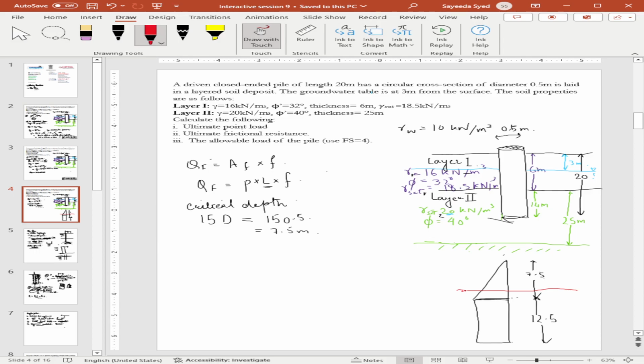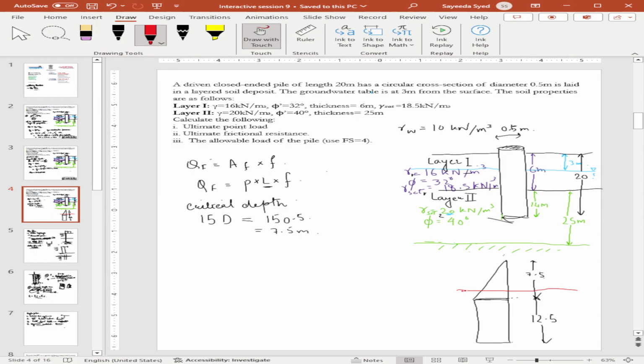What we are doing is simply calculating frictional resistance. Like when there is a block and a normal force N, the frictional force is equivalent to the normal force multiplied by tan delta.